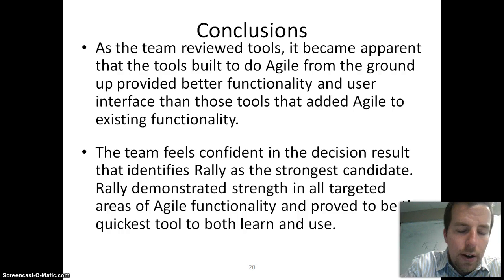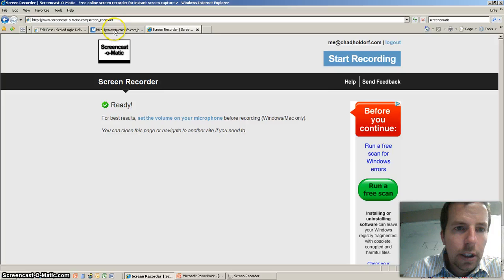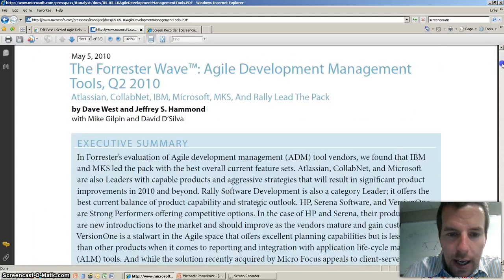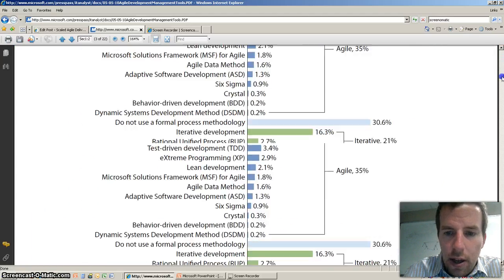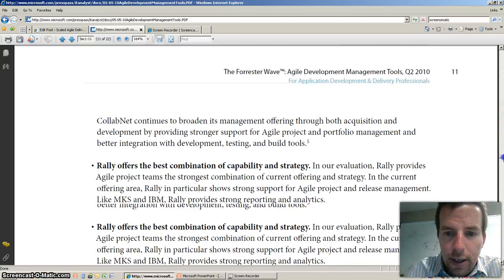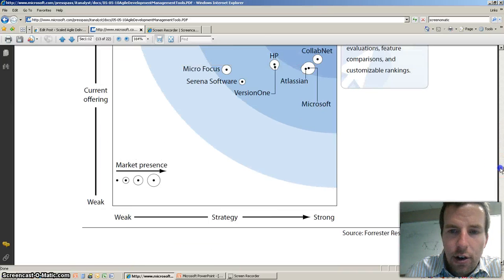If you also go out and do a Google search for the Forrester Wave Agile Development Management Tools, they also selected Rally as the highest rated tool to fit inside of organizations. If I scroll down to the bottom, you can see here that Rally did rank the highest for its current offerings as well as its strategy.